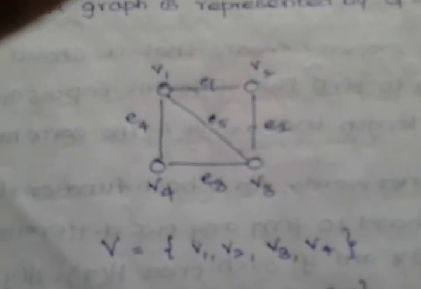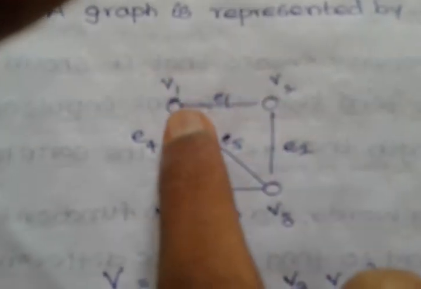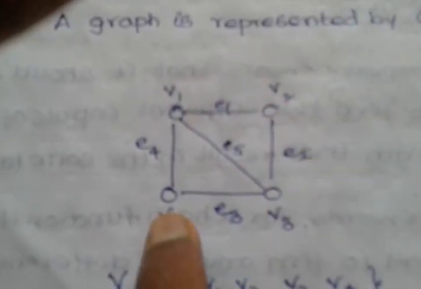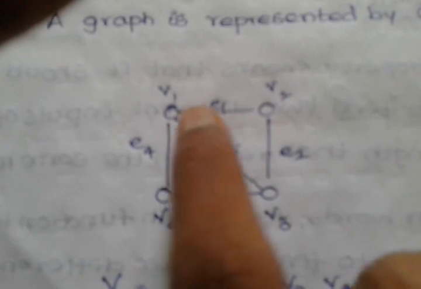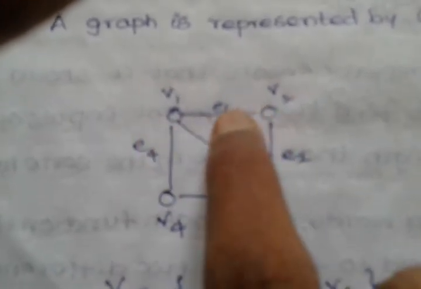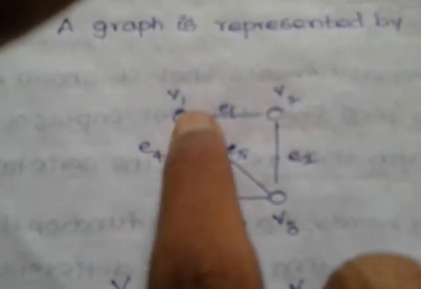In the diagrammatic form, vertices are represented by circles and the edges are represented by lines. The vertex names are V1, V2, V3 and V4. Lines are called the edges: E1, E2, E3, E4 and E5.